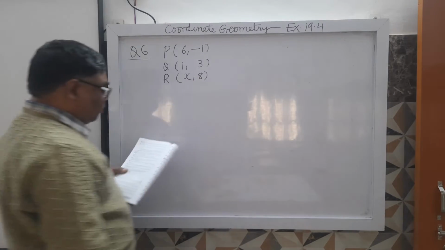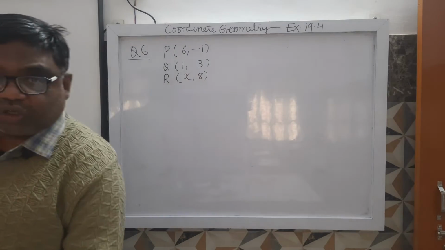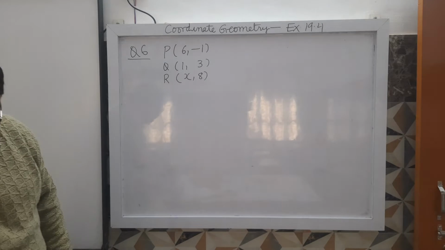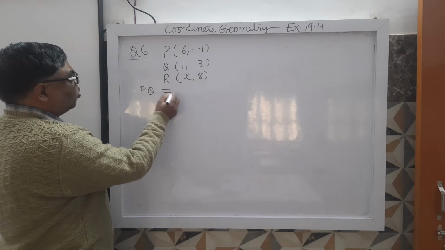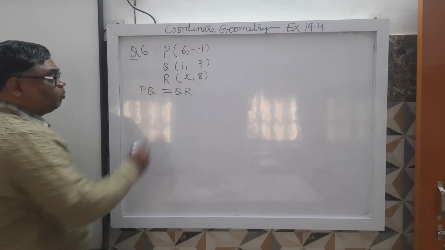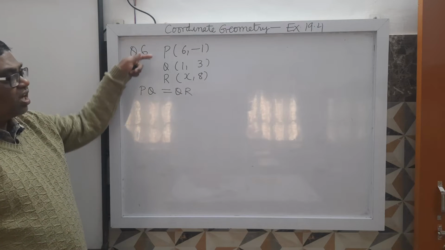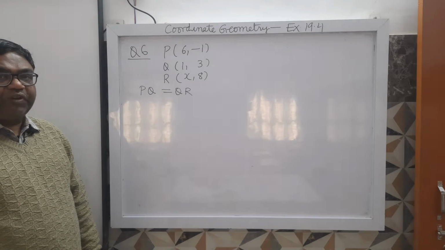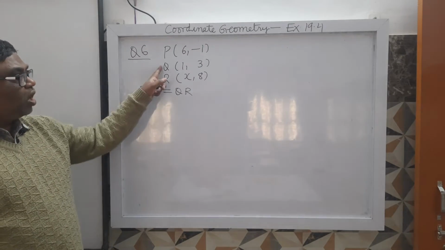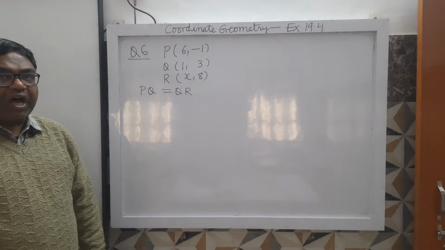And PQ is given equal to QR. You have to determine the value of x. Here PQ equals QR. Now what is PQ? PQ means distance between P and Q. QR is the distance between Q and R.